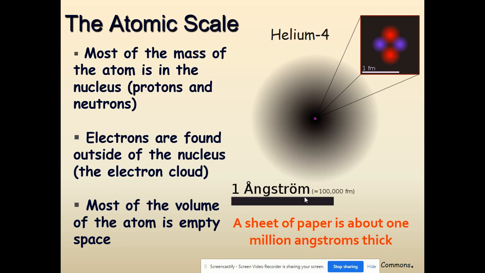So the question is, why doesn't our hand go through the table if most of the atom in our hands and in the table are empty space? The reason why our hands don't go through the table is actually because of those electrons.